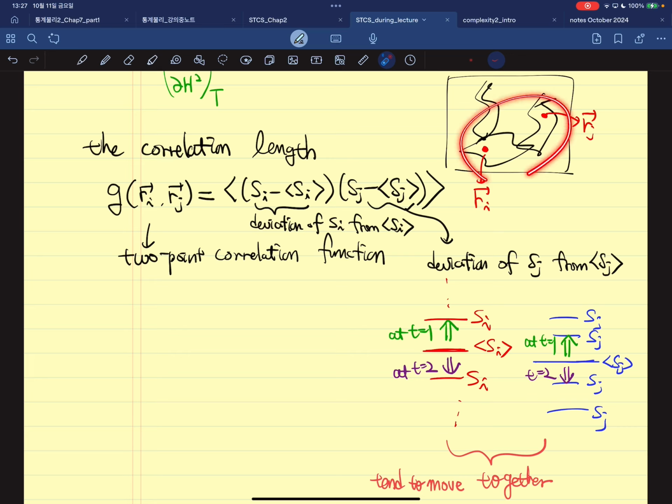If two spin variables are moving together, or in a very highly correlated way, this value could be larger than 0, and maybe even very close to 1. If these two variables are moving in completely the same direction all the time, then this can be a very large value. But because of this restriction, it cannot be higher than 1. Anyway, the maximum value can be 1.